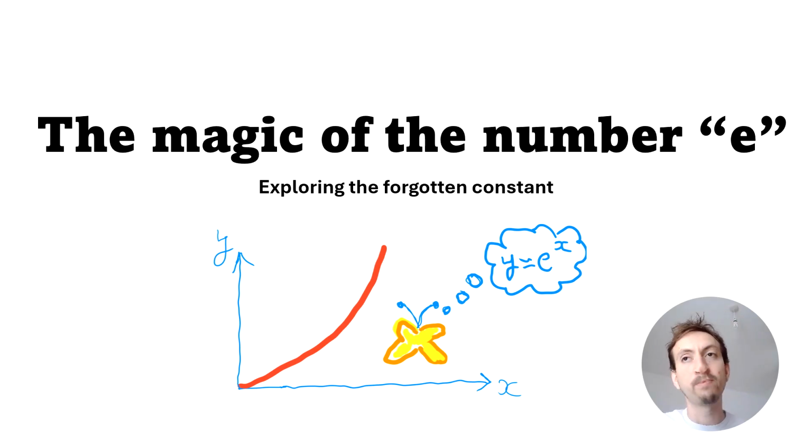So e might have more to do with your savings accounts than you might at first guess. And then we'll be finishing up with a bit of complex analysis at the end. So without further ado, let's fly like a butterfly through the magical lands of e.